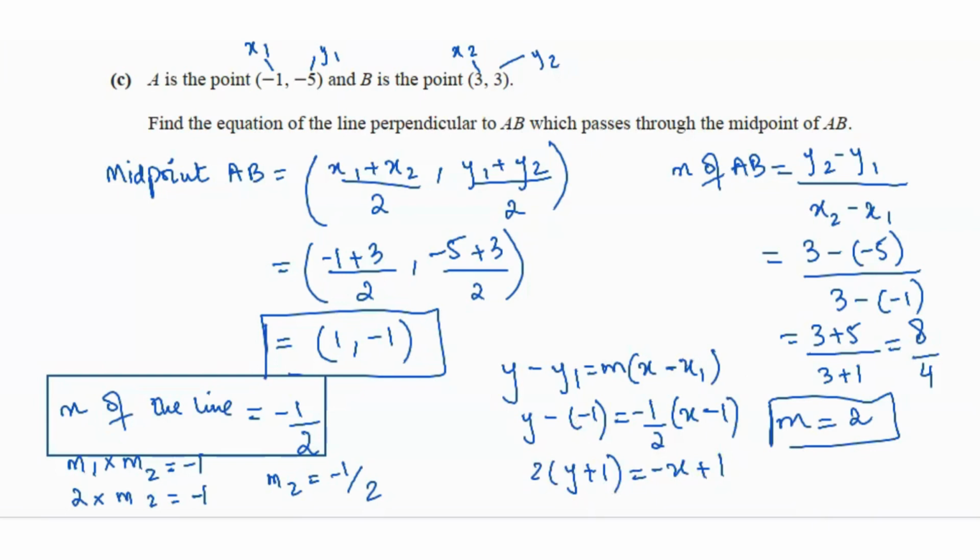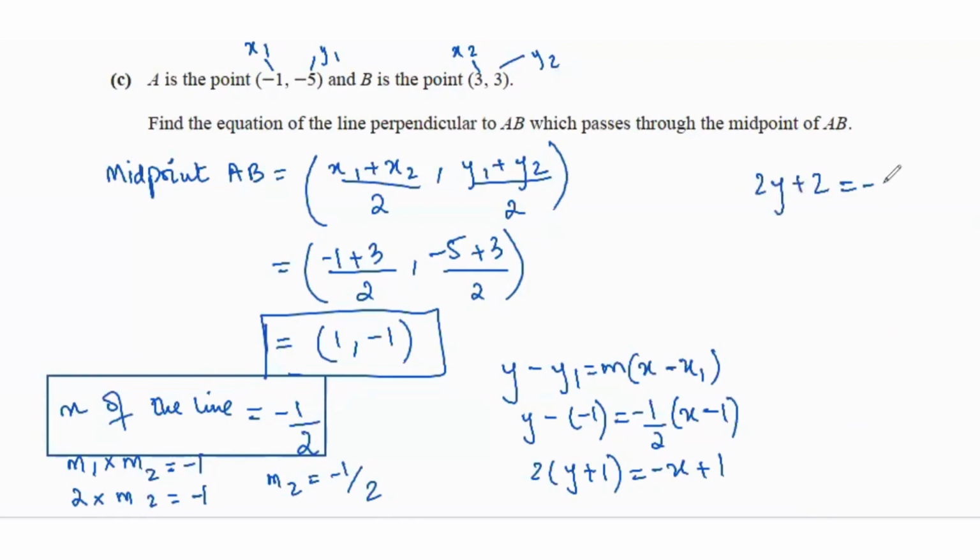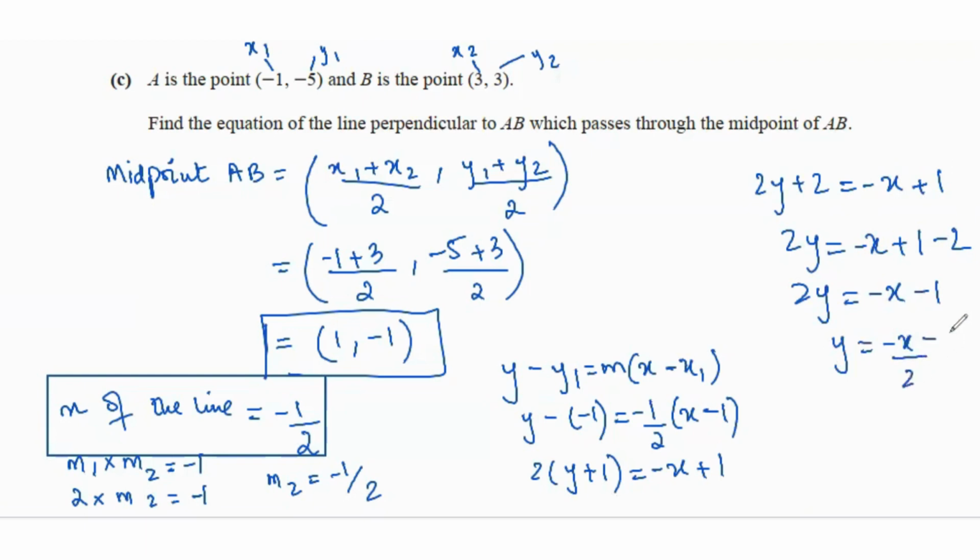I'm just going to erase this part over here. 2y plus 2 equals -x plus 1. 2y equals -x plus 1 minus 2, which is 2y equals -x minus 1, and y is -x over 2 minus 1 over 2. That is your equation for the line that is perpendicular to AB and passes through the midpoint of AB.